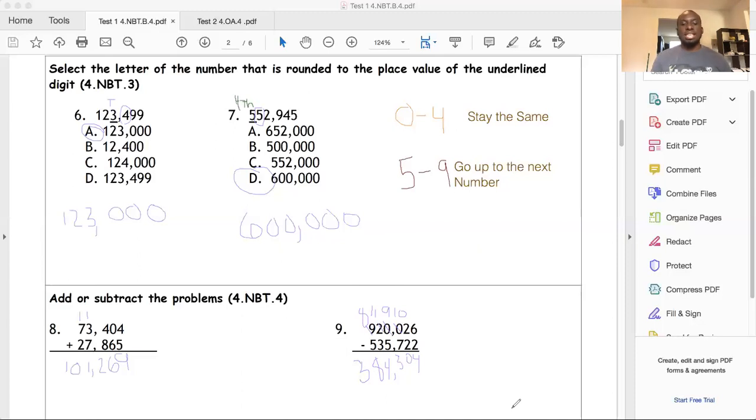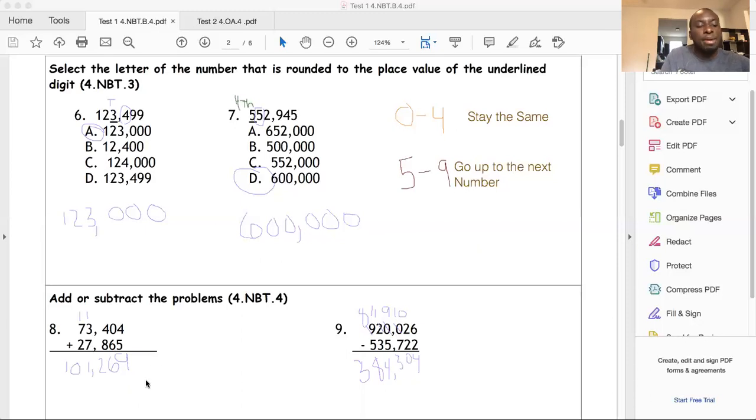My answer for number 8 is 101,269. And number 9 is 384,304. Remember, for the test, there is no answer choice that you can click.